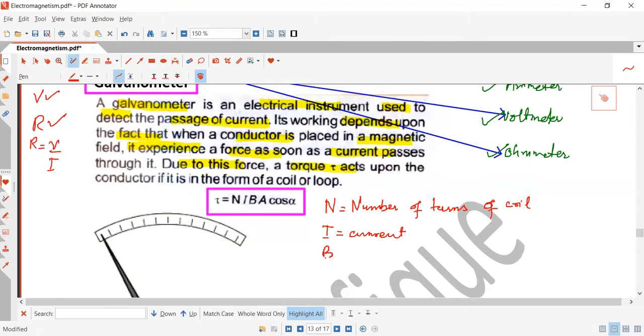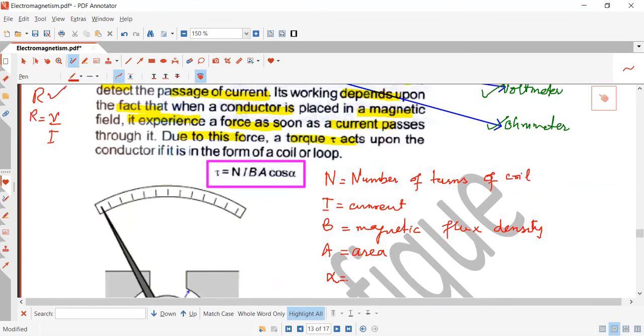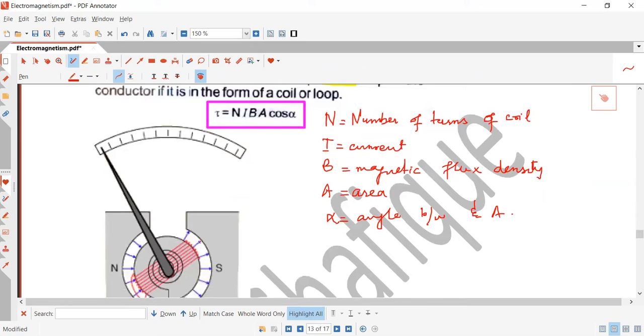B is magnetic field strength or magnetic flux density. A is the area of the coil. And alpha, I have already told you, is the angle between B and A. Right, students? Okay, now let's go to the construction.